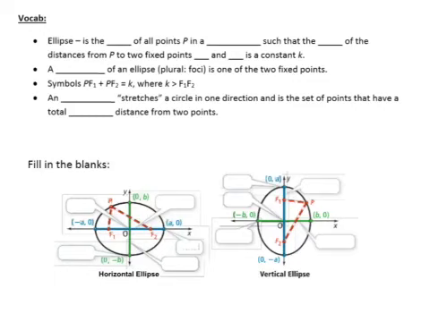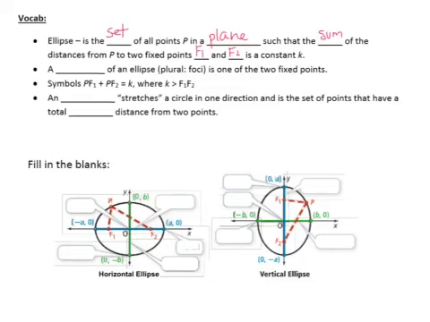So an ellipse is the set of all points P in a plane such that the sum of the distances from P to two fixed points f sub 1 and f sub 2 is a constant, and we'll call that constant k.